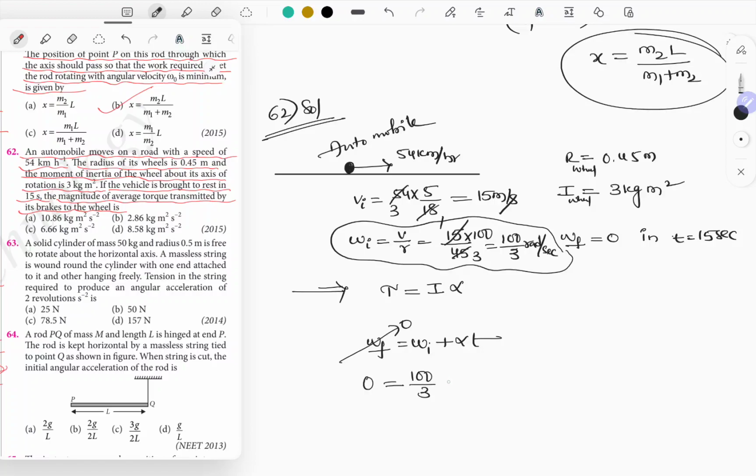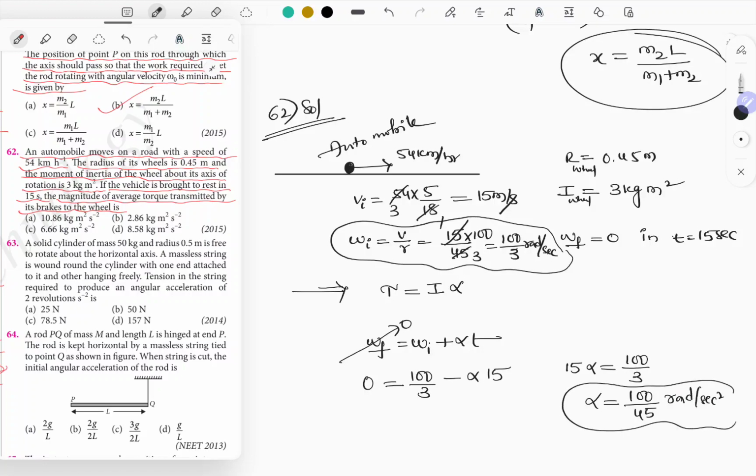As the object is coming to rest, it is a retardation, so minus alpha into t. T is 15 seconds, so 15 alpha is equal to 100 by 3. Then alpha is equal to 100 by 45, in radian per second square.